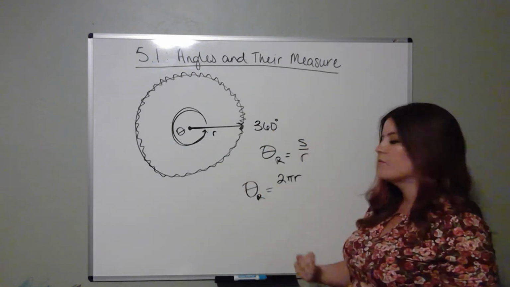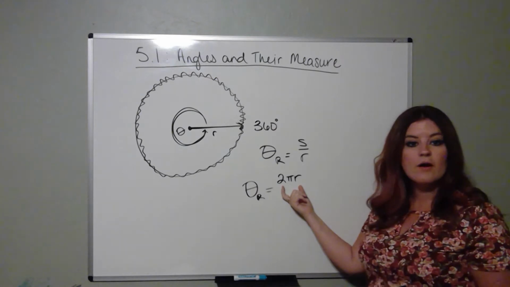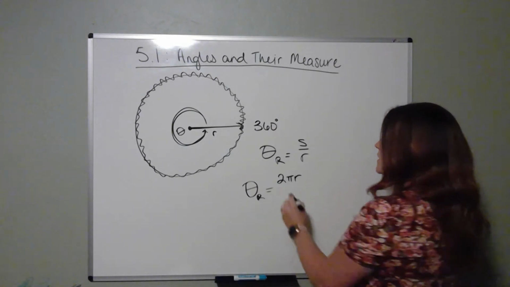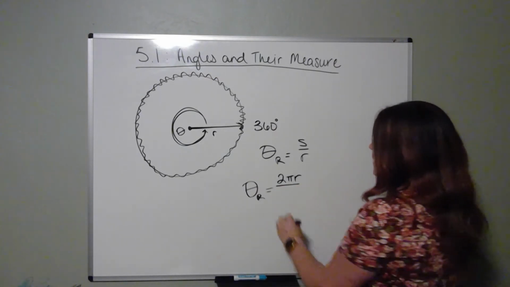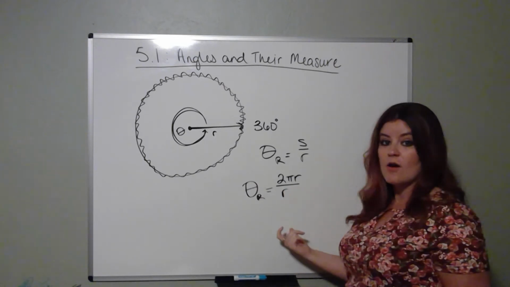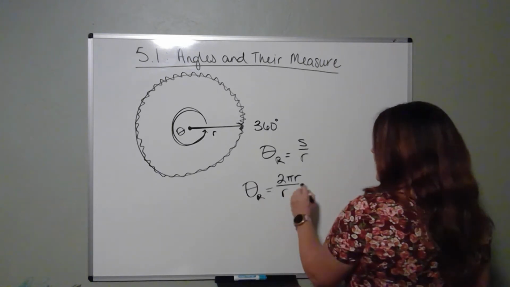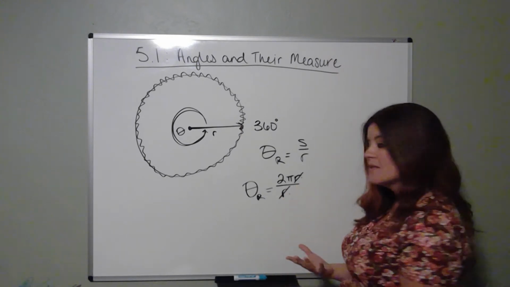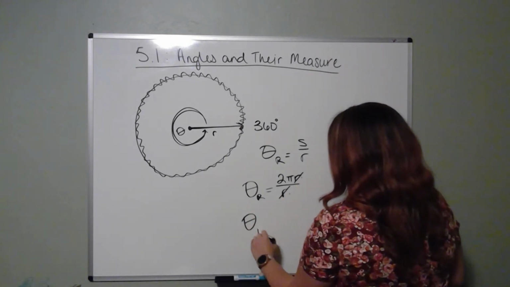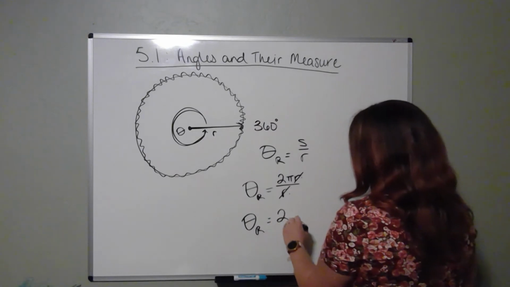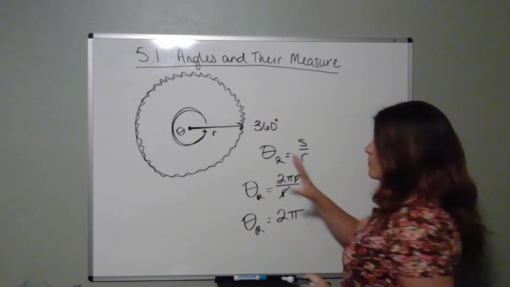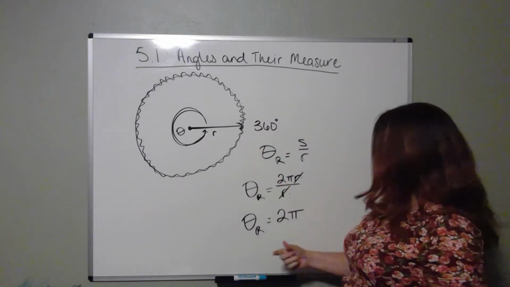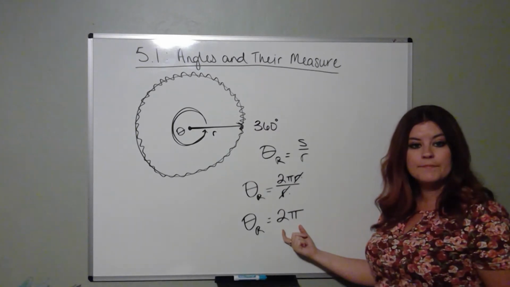The entire circumference could be labeled as 2 pi r for any circle. So here's the arc length, and I'm going to leave r as r. And you guys, what happens here? I've got an r on top and an r on the bottom, so those can cancel out. And I actually get theta in radians for a full rotation of any circle is 2 pi.